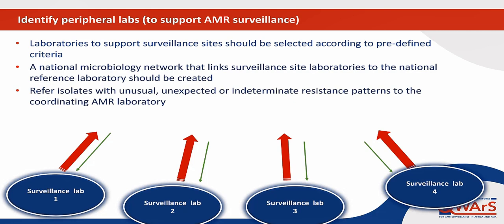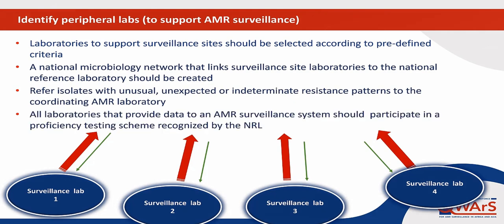Strengthen data collection and reporting within the lab network to include core patient data. All laboratories that provide data to an AMR surveillance system should participate in a proficiency testing scheme recognized by the NRL, and the proficiency scheme should cover antimicrobial susceptibility testing.